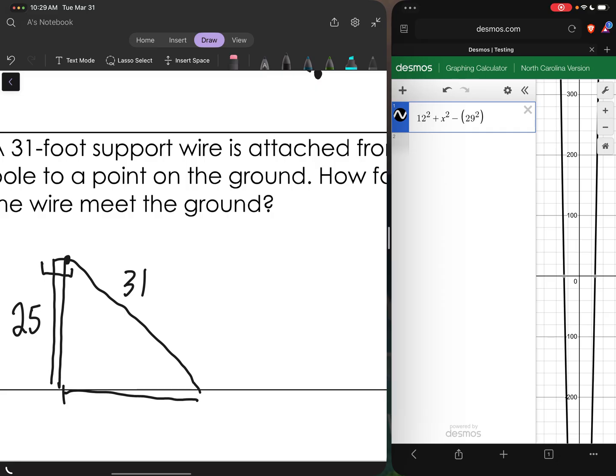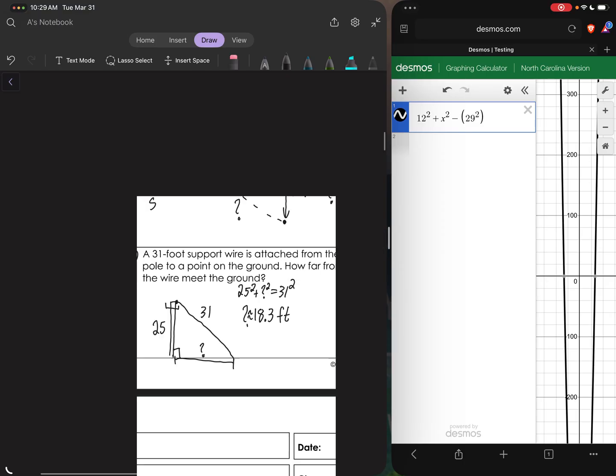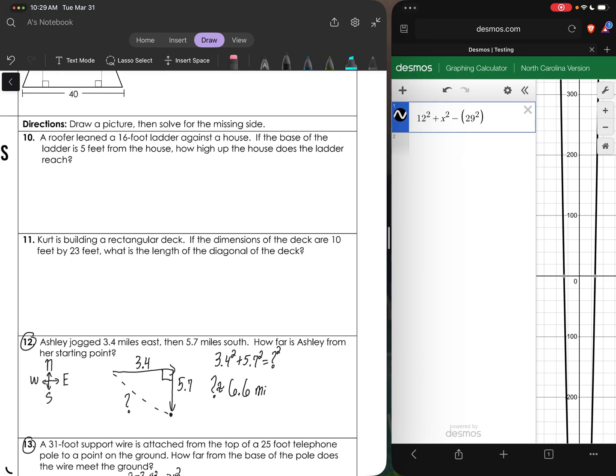I'm looking for this length. So here, I'm solving for a leg, 25 squared plus question mark squared is 31 squared. When I do this, I'm going to get about 18.3 feet. Try numbers 10 and 11.